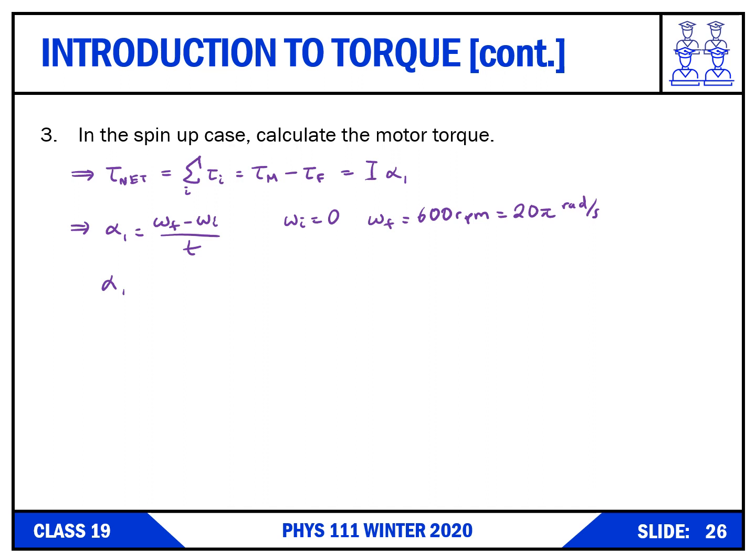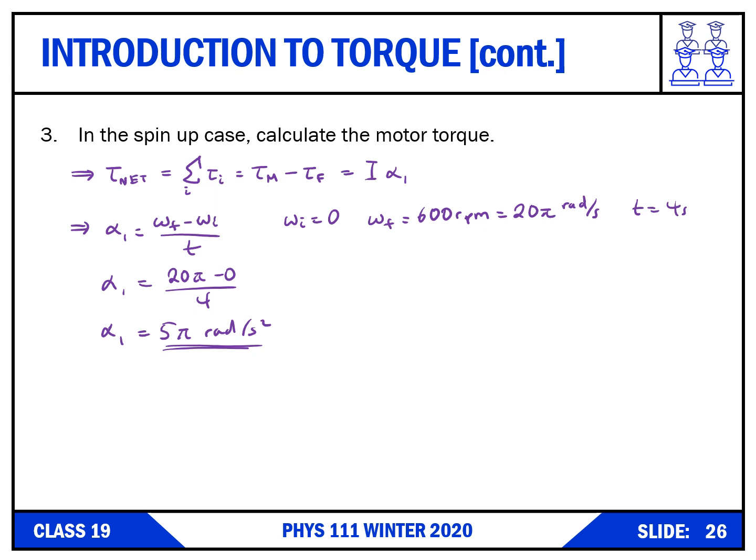So alpha 1 is equal to 20 pi minus 0 divided by the time it takes, which isn't 42 seconds, but rather 4 seconds to speed up. So divide by 4, and that gives us 5 pi radians per second squared.